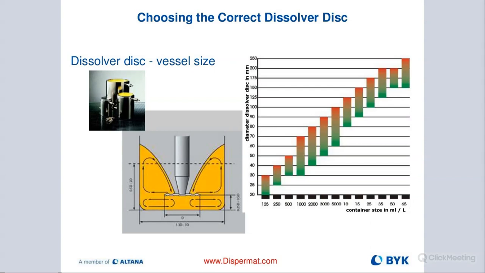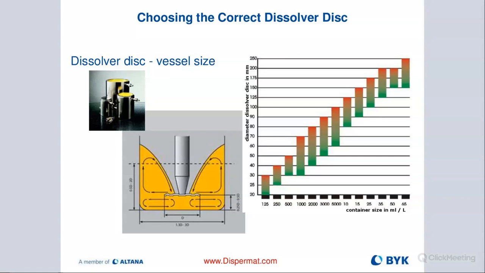So very important in the pre-dispersion process when you're developing your slurries is to always select the right blade diameter for your vessel. It should be about 1/3 ideally. And basically you have the option to increase the blade diameter depending on the viscosity of the slurry.